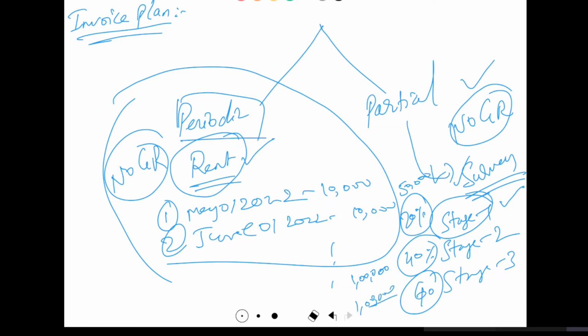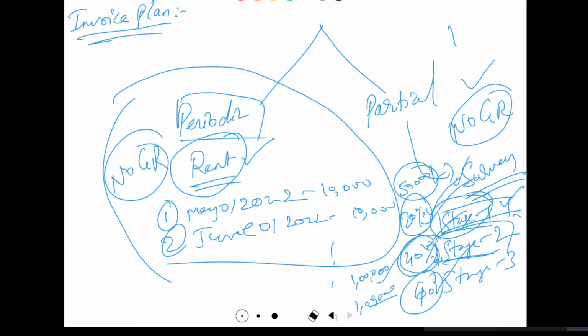So this partial payment is a lump sum amount that we pay in different stages with different amounts. We define when we will complete stage 1, stage 2, and stage 3. The system will then generate, as per that date, the invoice automatically for that 50,000 when stage 1 is completed. Again for stage 2, when 40% is completed, 1 lakh will be generated.